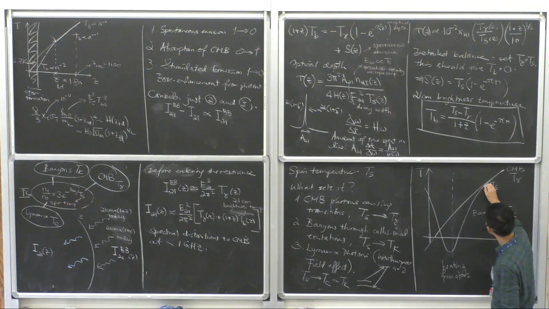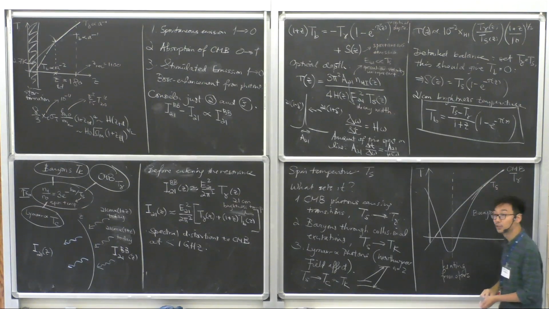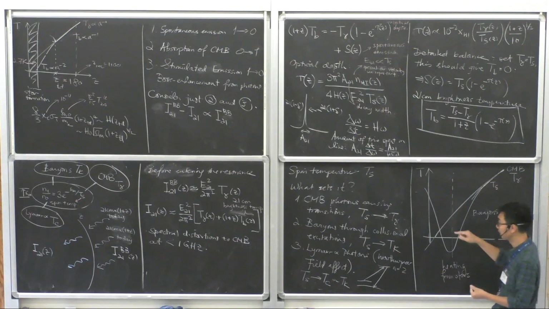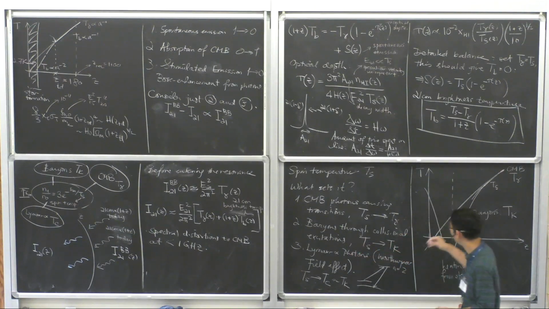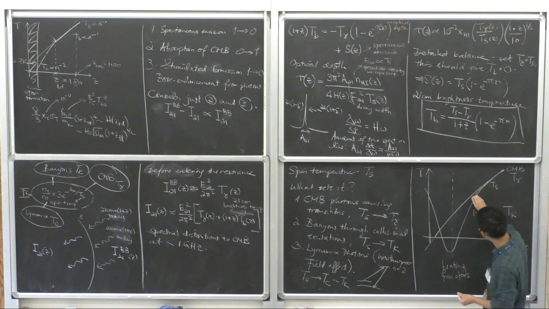Okay, at some point it follows the baryons for a little bit because collisional excitation is actually important for a while, and then as the universe dilutes away the baryons, it kind of turns around and goes back up to the CMB for a little bit.